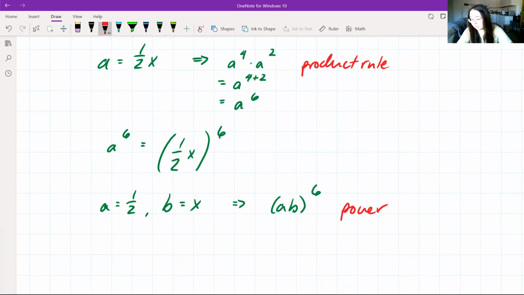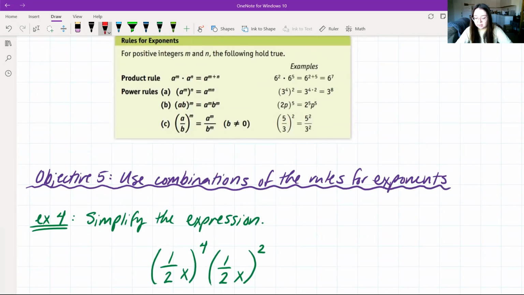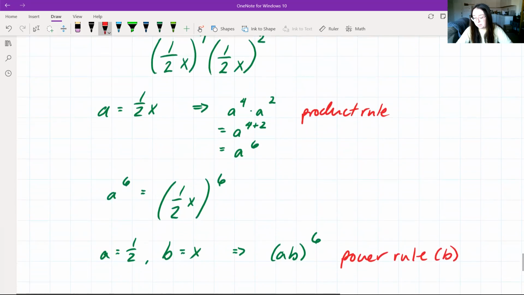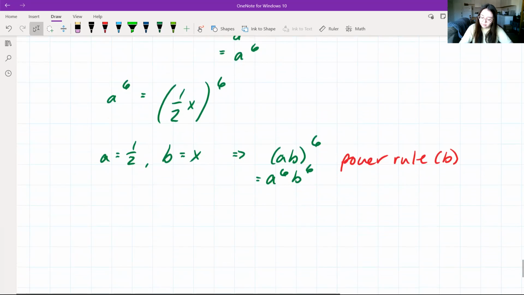And this is going to give us power rule B, since we have a times b to a power. Where we know by power rule B, we can write this as a to the power of 6 times b to the power of 6.